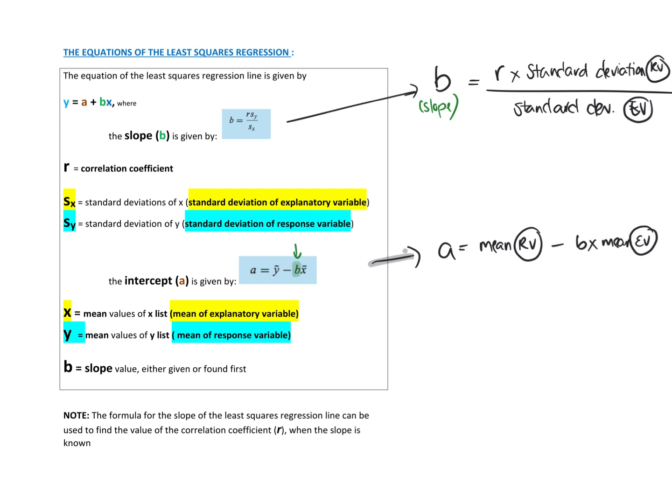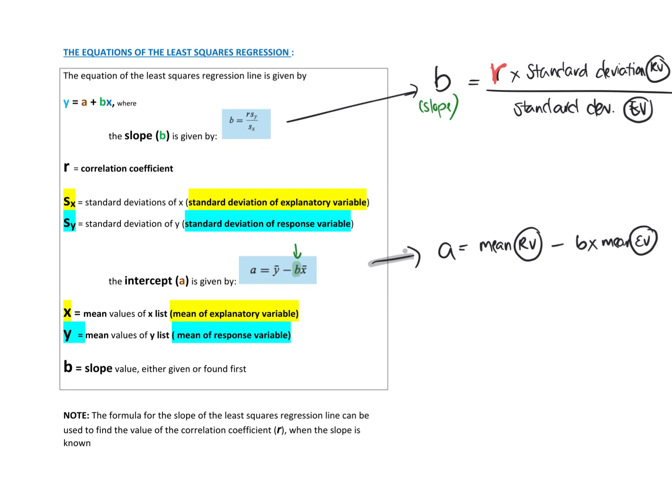Okay, so note, the formula for the slope of the least squares line can be used to find the value of the correlation coefficient R. Can you see how we have R in here? So if they tell you what the slope is, you can also use it to find R if you don't know what R is.